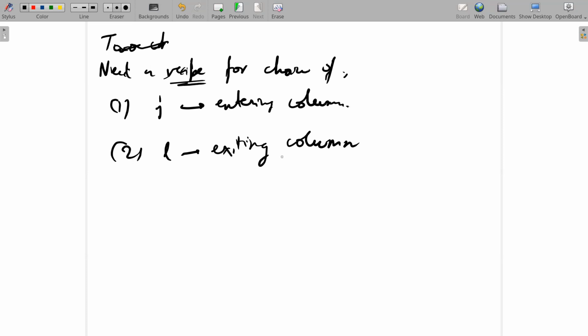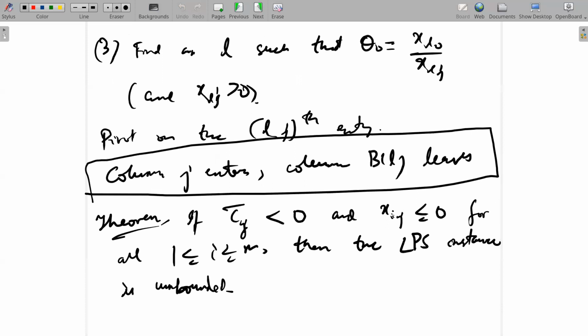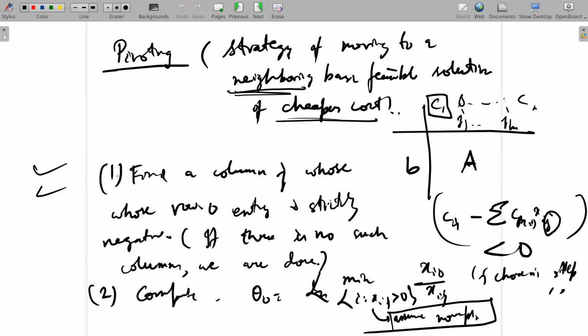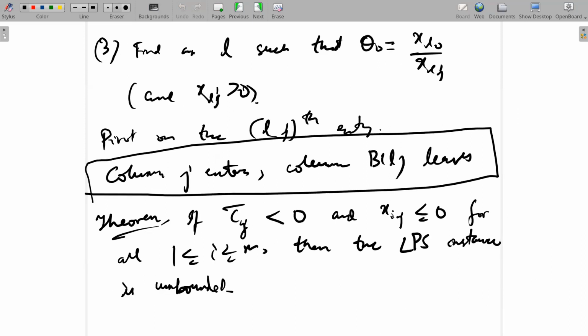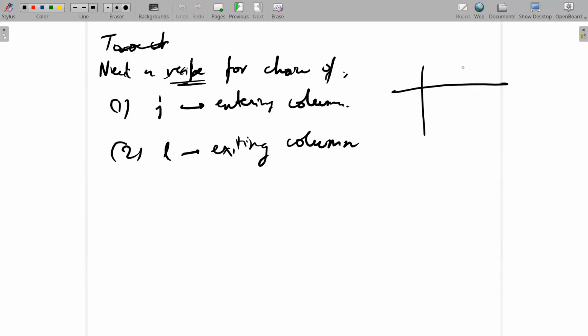Because first of all, for j, like I said, there might be many entries in the zeroth row which are strictly negative, and for the exiting column you have this function, it is like an argmin, right? There might be many values of l such that theta naught is equal to xl0 over xlj. So which l should I choose? So I need a recipe for that, so that when I implement this algorithm, it will tell the computer precisely what to do.